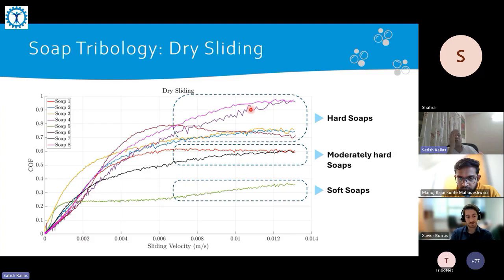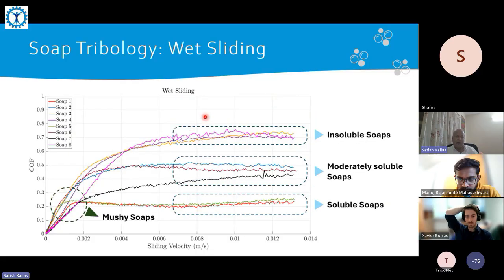So what we are doing in the soap study is we are using a PDMS skin, which mimics the skin. And on the soap, we dip the soap in water when doing wet experiments, and these are all dry experimental data. You can see that we are able to discern the differences.